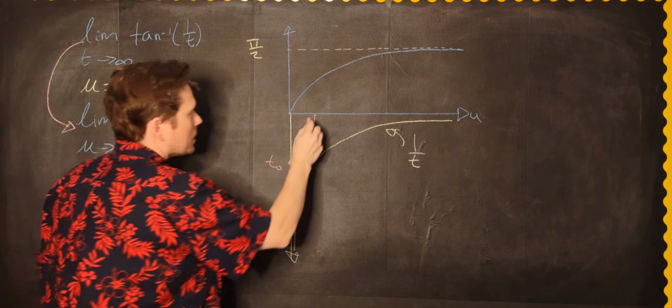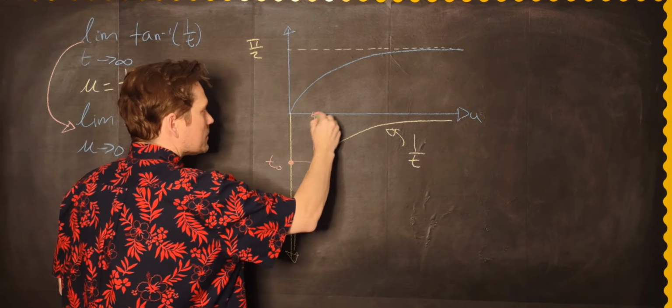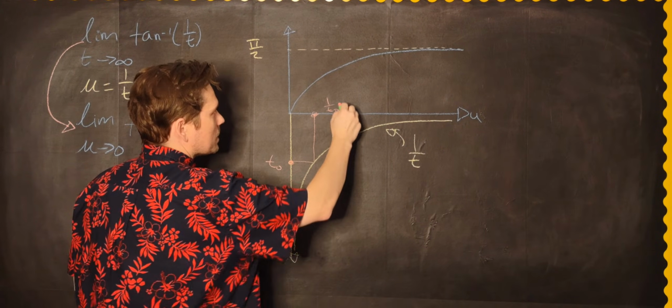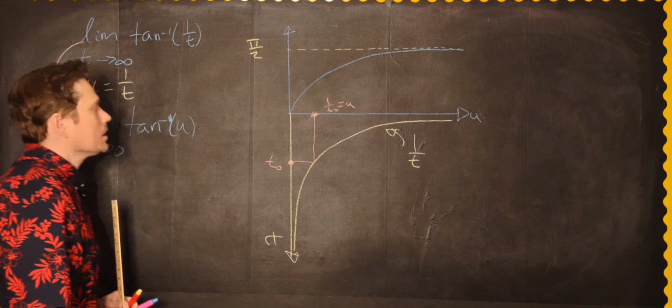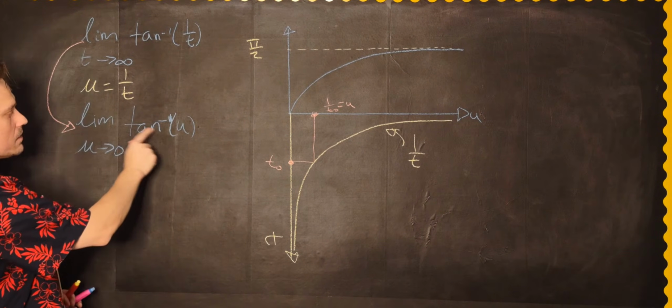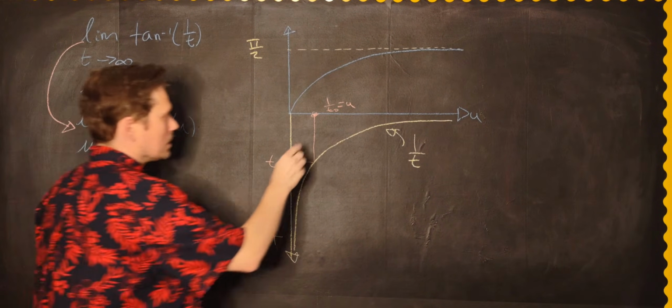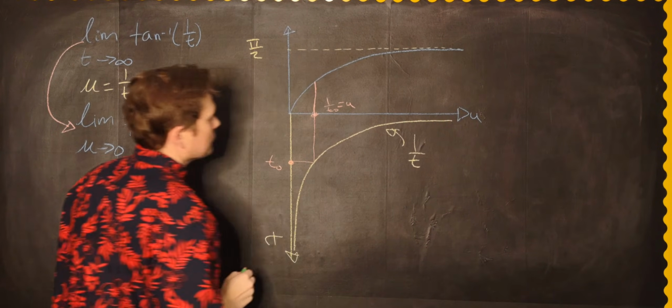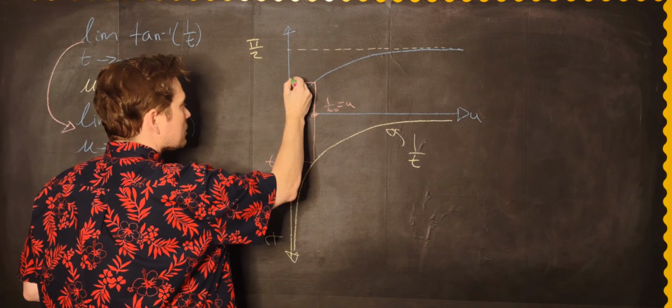So this value that's output is 1 over t sub 0, but that's also equal to u. And that then gets fed into the inverse tangent function next. It's going to bounce off the graph here, and then get output over here. You see?